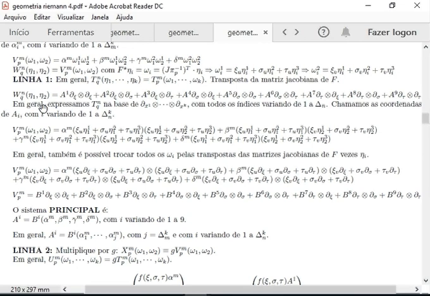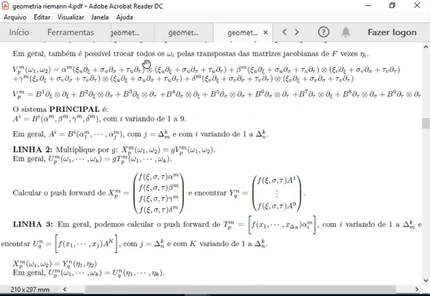WQN at etas is equal to A1, A2, A3, A4, A5, A6, A7, A8, A9 at the basis dx1, dxk, and we call the coordinates AI. Now VPM at omegas is alpha m multiplied by Cu sigma u tau u, and so on, eta 21, eta 22, eta 23.